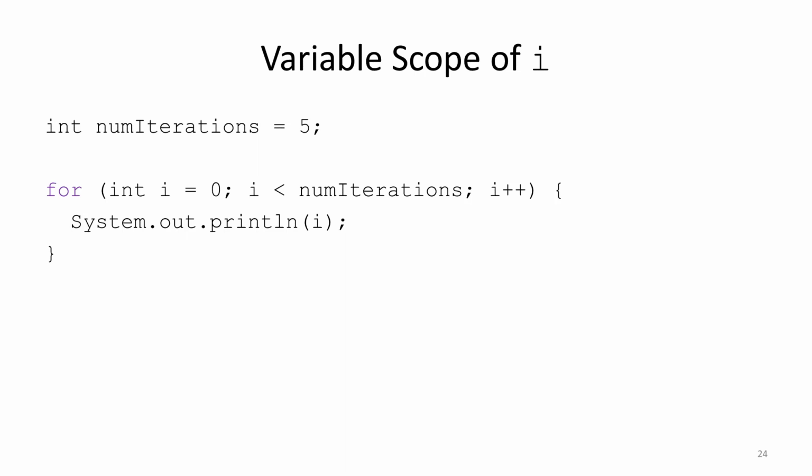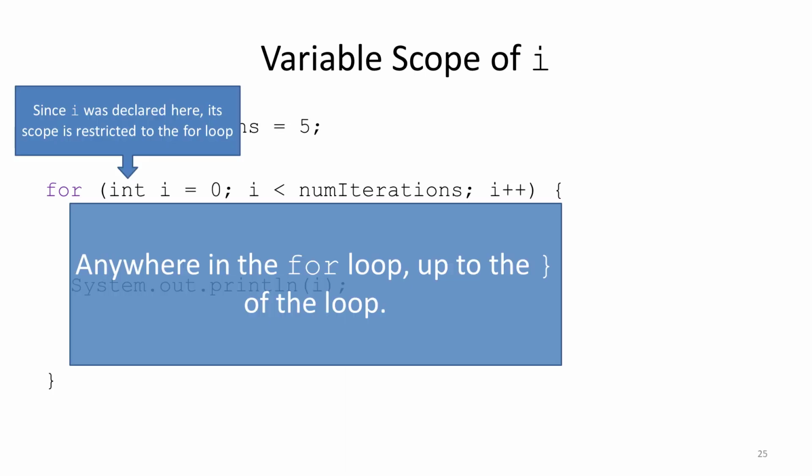Now, given this snippet, if we focus on that variable i, the loop increment variable i has scope only within the for loop. Since i was declared in the initialization of the parentheses, its scope is restricted to the for loop. And recall that when you declare a variable, you are declaring a type and a variable name.